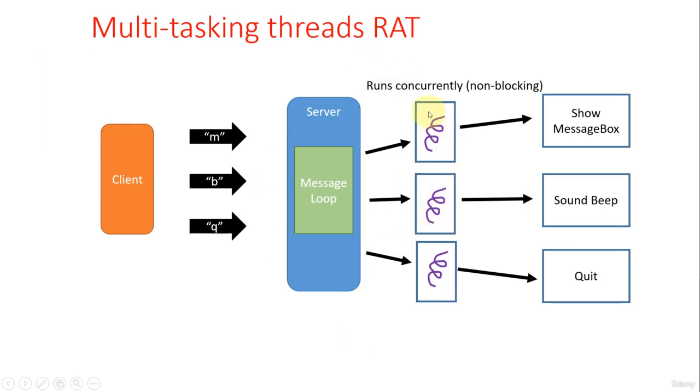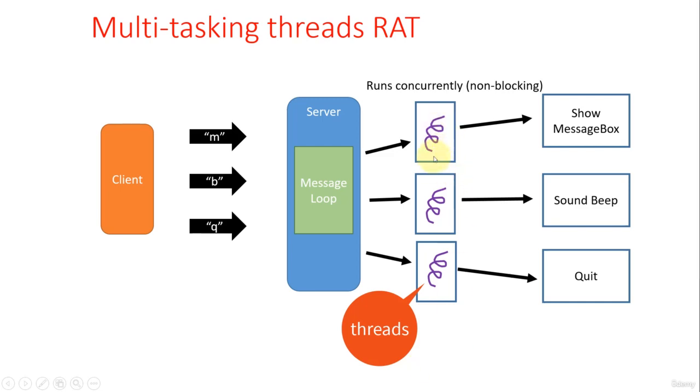Now this is another new design, multitasking threads server. On the left you will see the client as usual, and the client can send messages M for showing message box, B for beeping, and Q for quit. Now we are introducing a new technology here, which is called threads.